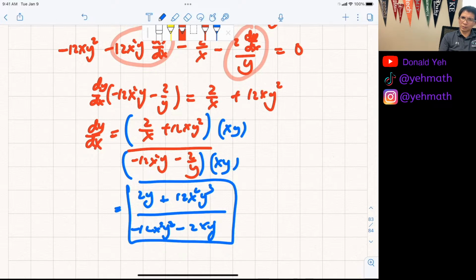Oh, it should be x cubed then. Yeah, this is x cubed. No, the minus 2xy at the end, it's minus the denominator. Oh, minus 2x, yeah, right. Oh, shoot. Let me redo that again. So, minus 12x cubed y squared minus 2x. Is that right? Yeah. Thank you.